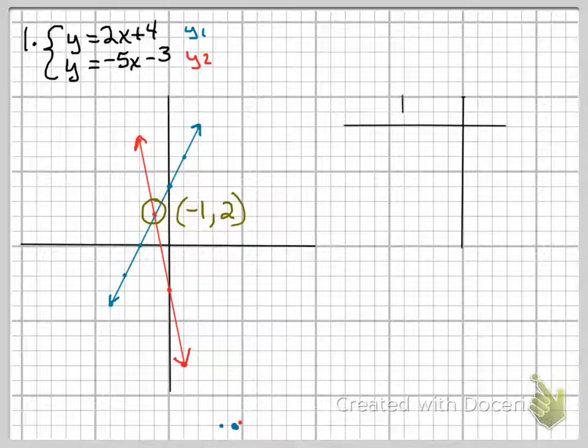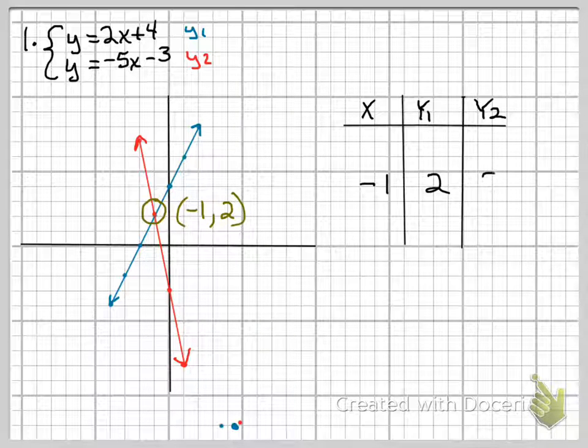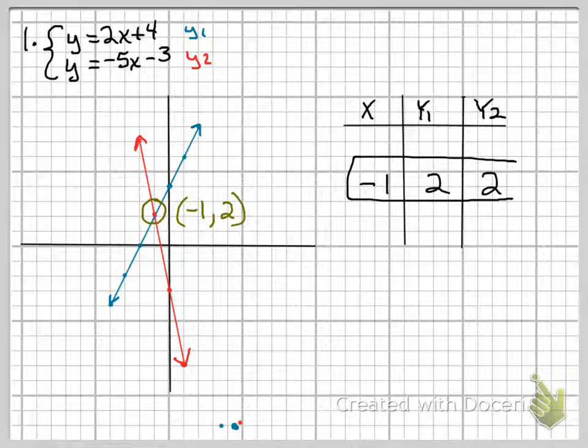Okay, so we have an x, and we have a y1 and a y2. Now, I find on my table that I have solutions at negative 1, and my y's are the same at negative 1, and they are both at 2.